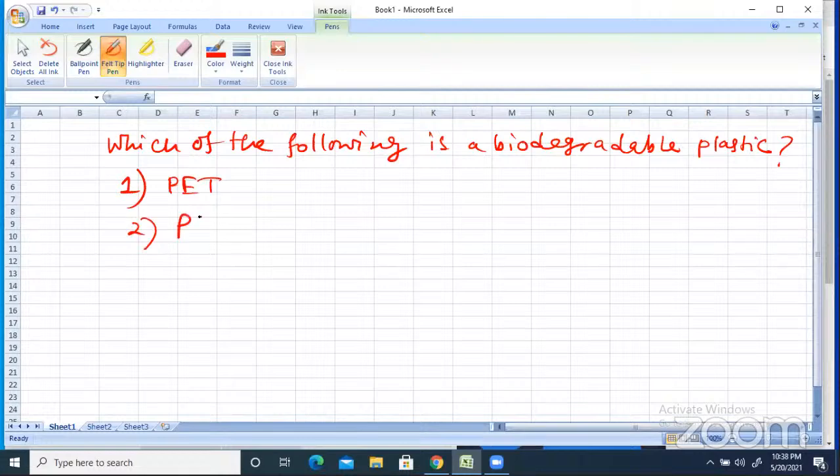Two, PAN. Three, PLA, polylactic acid. Four, polytetrafluoroethylene, abbreviation PCTFE. So which one is a biodegradable plastic?